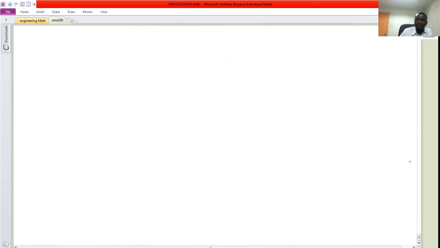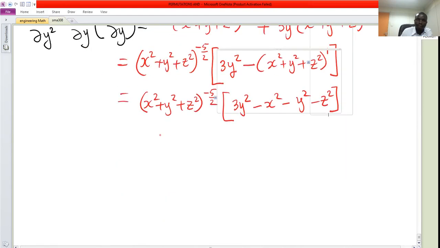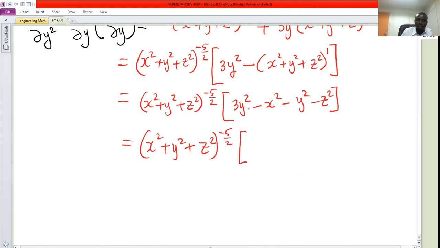When you simplify, you get x squared plus y squared plus z squared raised power minus 5/2 into, so 3y squared minus this would be 2y squared minus x squared minus z squared.